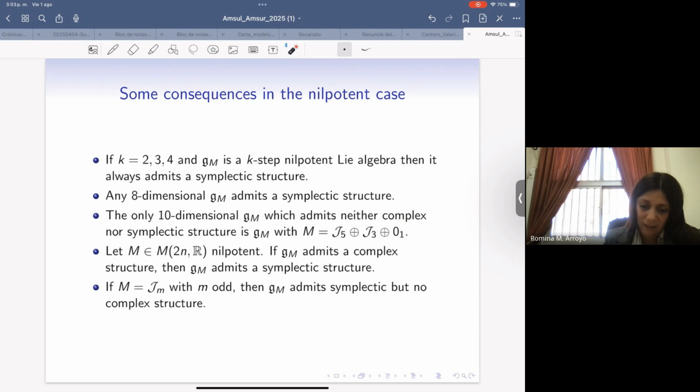And here, this is the relation that I mentioned in some of the previous slides. If M is nilpotent and GM admits a complex structure, then it is going to admit a symplectic structure. This is only in the nilpotent case.